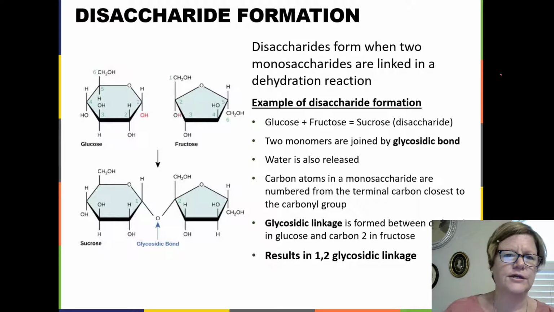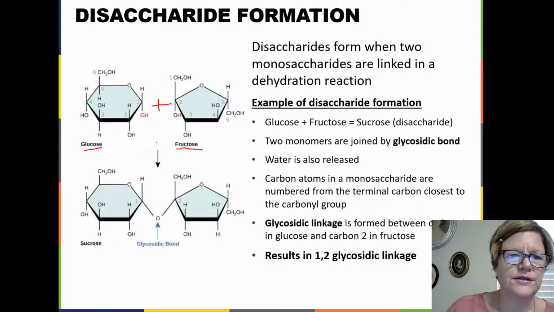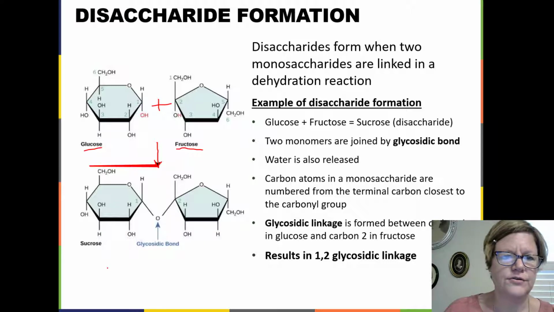So for example, you can see here on the left you have glucose, and then they added a little fructose here. But what's going to happen is these two molecules, glucose and fructose, and then here's the arrow for the reaction. The reaction is the dehydration synthesis, and it's going to join together that glucose and that fructose.